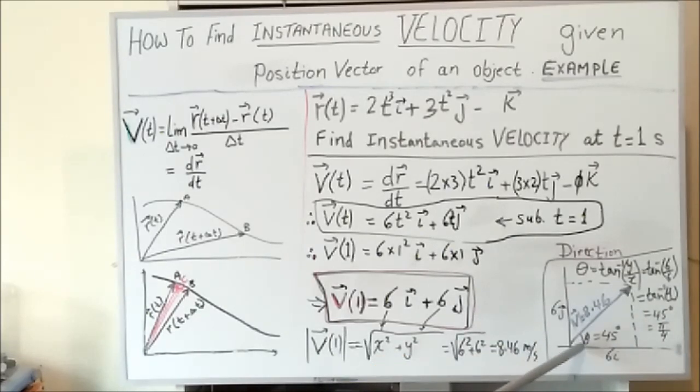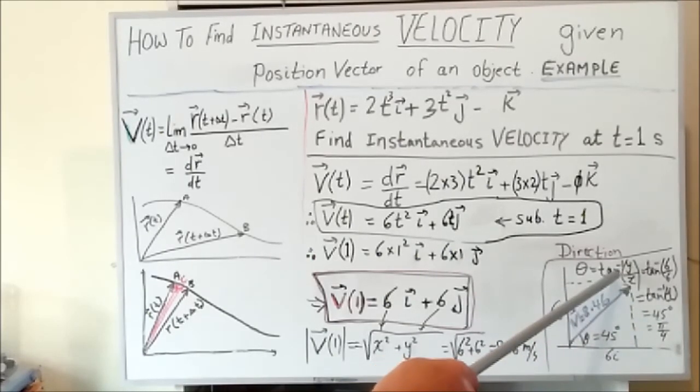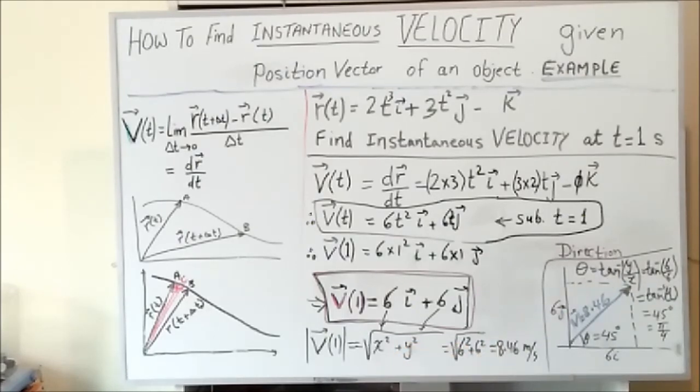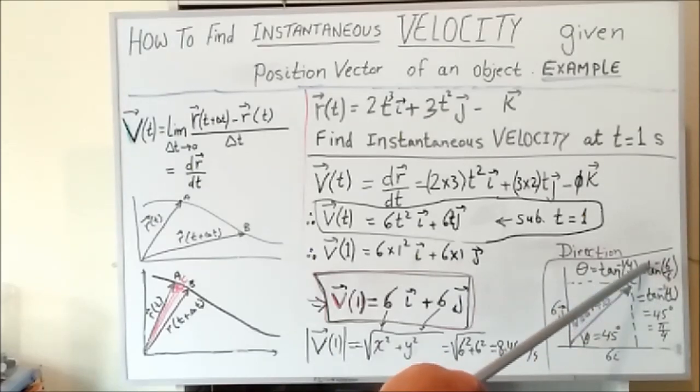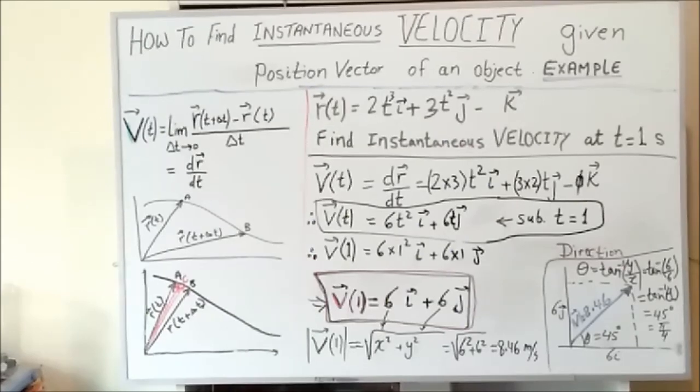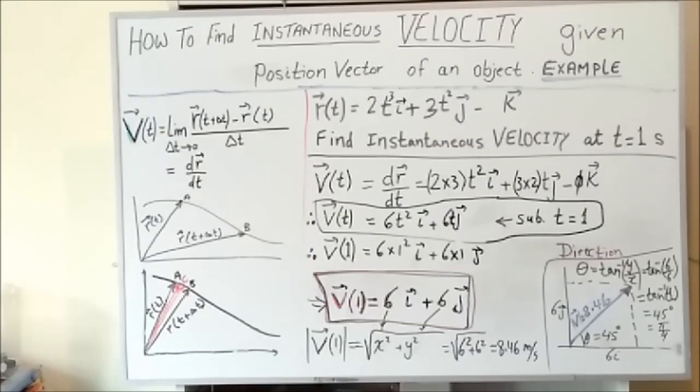So the angle theta equals tan inverse of y over x. We sub 6 and 6 for y and x, and that gives you tan inverse of 1, which is 45 degrees, or pi over 4. So this is the direction of the instantaneous velocity vector.